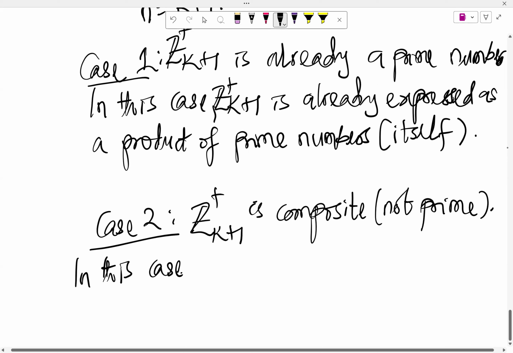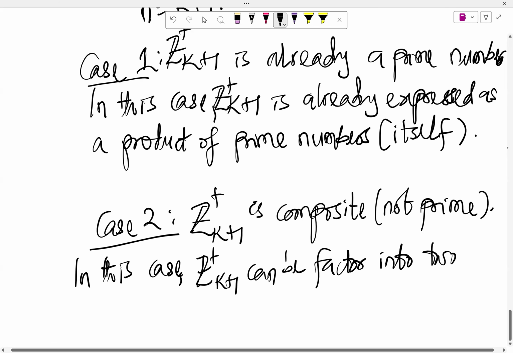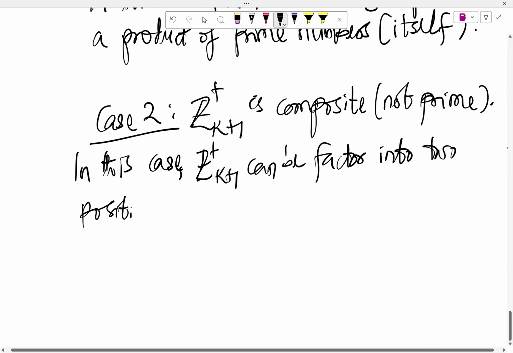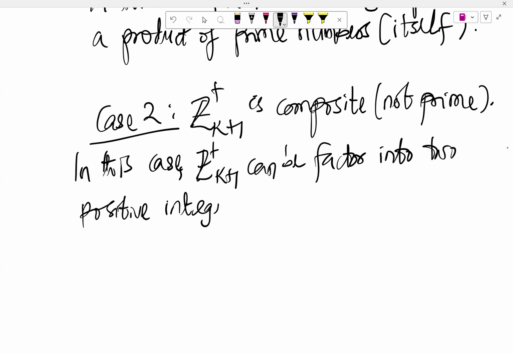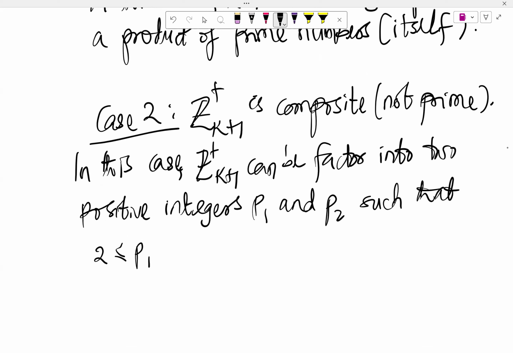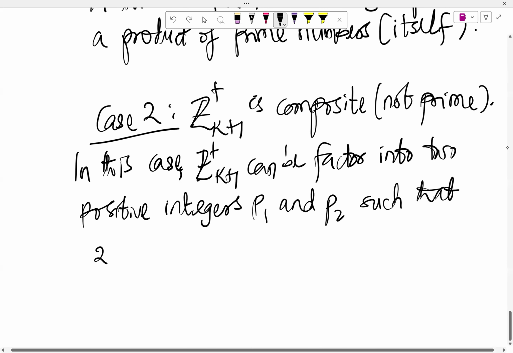In this case, Z plus k plus 1 can be factored into two positive integers, p1 and p2, such that 2 is less than or equal to p1, p2, which is less than or equal to k.